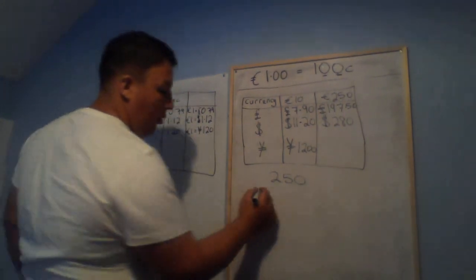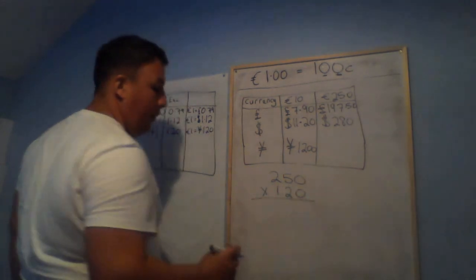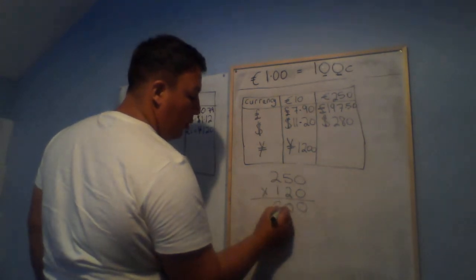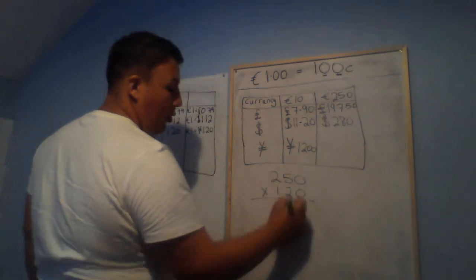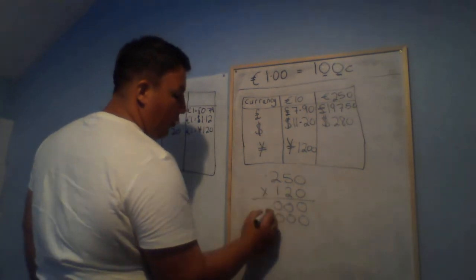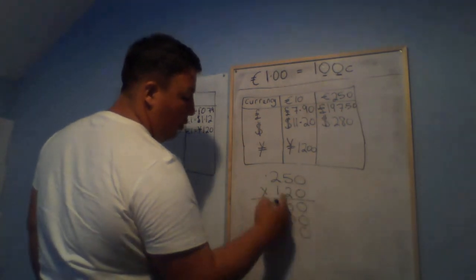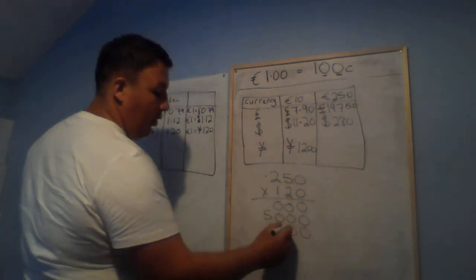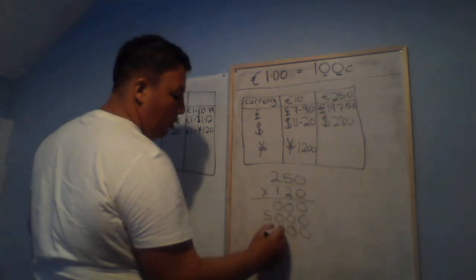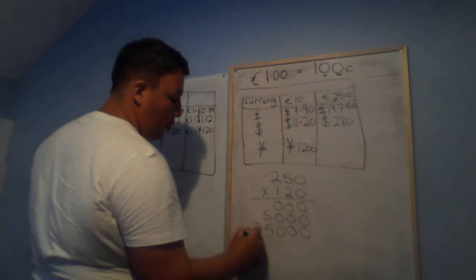250 multiplied by 120. 0, 0, 0. Down your 0. 2 5s are 10. 2 2s 4 and 1 is 5. 1 0 0. Oh, forgot to put in my 2 zeros again. So 2 zeros in, then I start. 1 0 0. 1 5 is 5. 1 2 is 2.